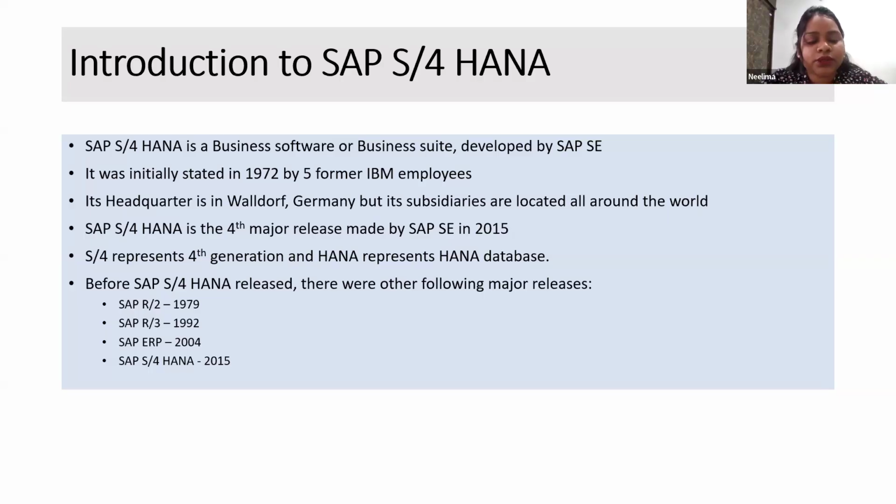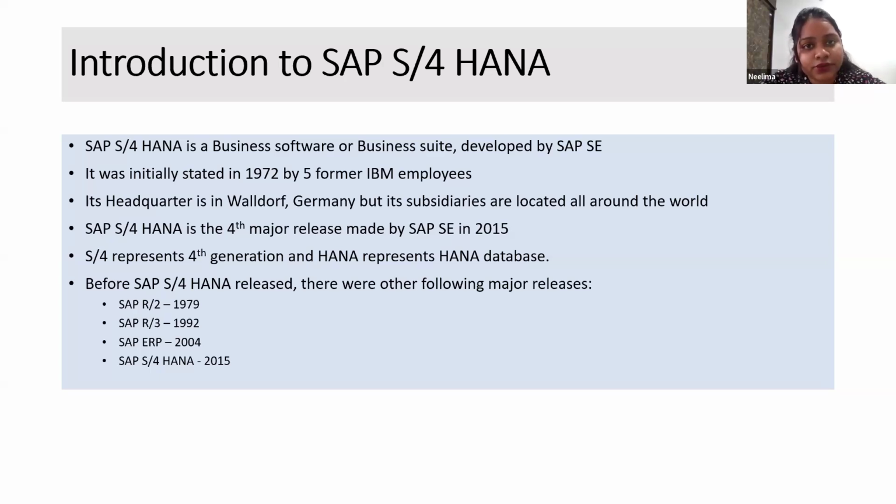Over the years, SAP has released several major versions of its software. The first was SAP R/2 in 1979, followed by SAP R/3 in 1992 and SAP ERP in 2004. But till 2010, SAP used to store its data in external databases.